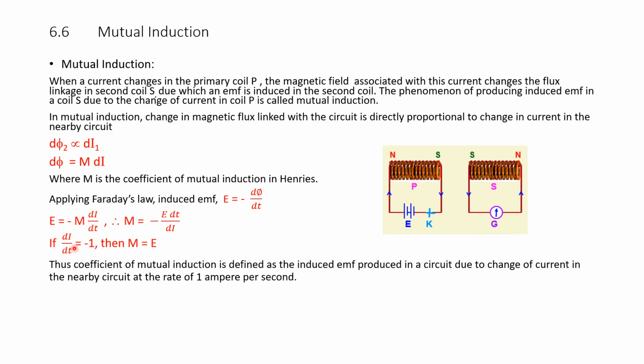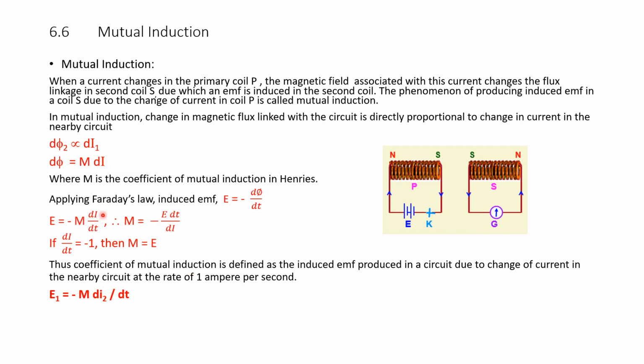If dI by dt equals minus 1, then M is equal to E, and hence the definition of mutual induction: the induced EMF produced in the circuit due to change in current in a nearby circuit at the rate of 1 ampere per second.